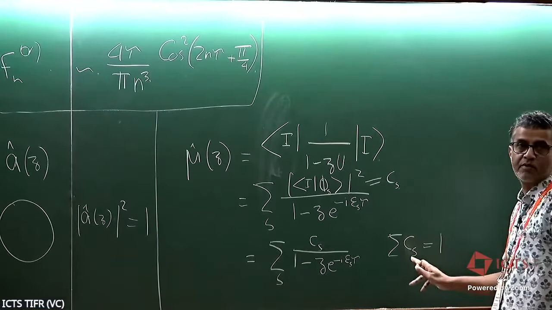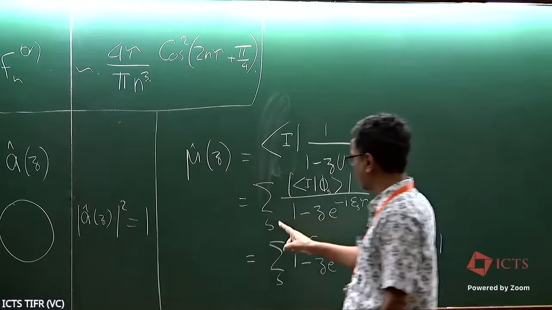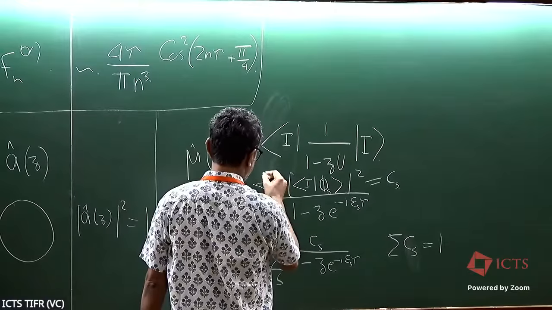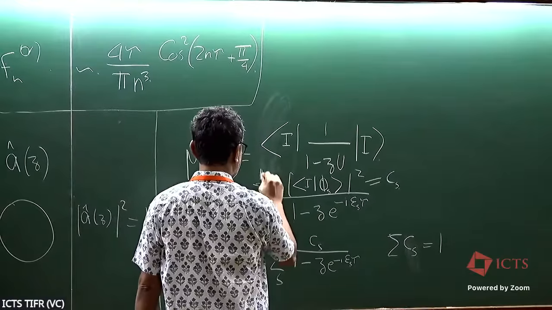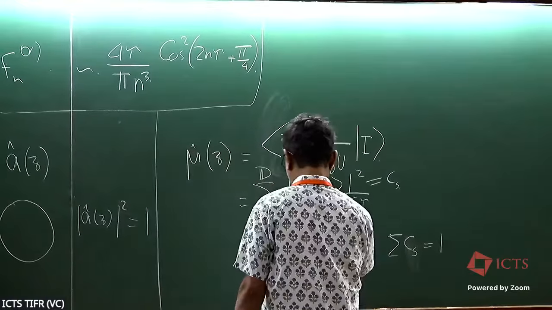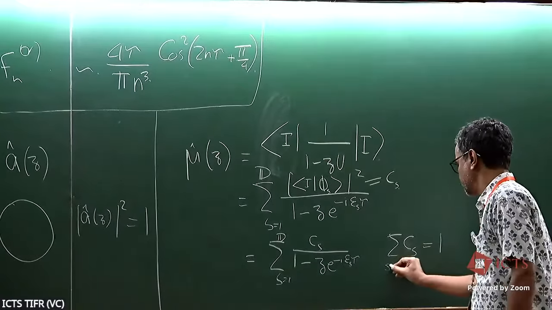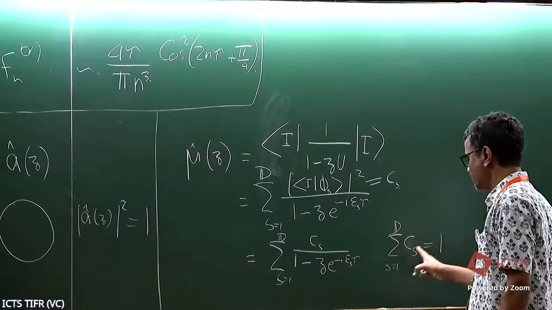That's just from completeness. Here we are summing over, let's say, all the states, whatever the Hilbert space dimension, which I'll call B. So this is from completeness.